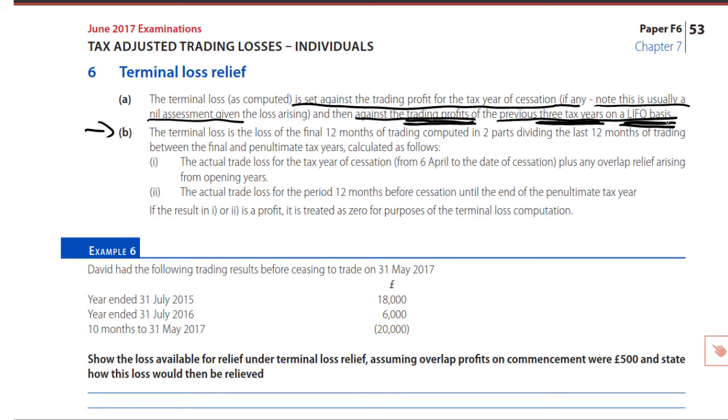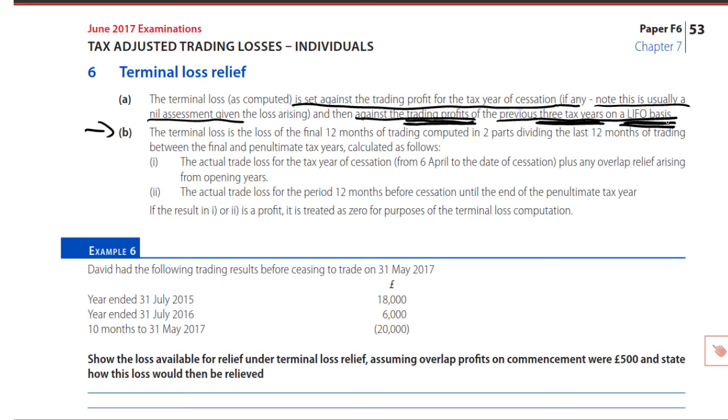So in our example, when we ceased trading in the 17-18 tax year, we now could take our terminal loss back against the trading profit assessments of 16-17, 15-16, 14-15. It goes back on a last in, first out basis, from the most recent year back in time.